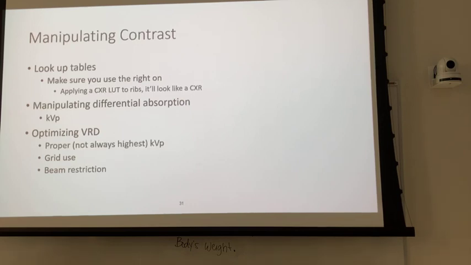You might start to see some loss of contrast. You're definitely going to introduce quantum mottle if you're shooting hands with 110 KVP, right? It's just going to over penetrate, and there's no sense to it. So you're going to use a proper KVP. You're going to use a grid when appropriate, and then you're going to use beam restriction, which is where we're going to spend the last portion of this semester, is really primarily in those things.